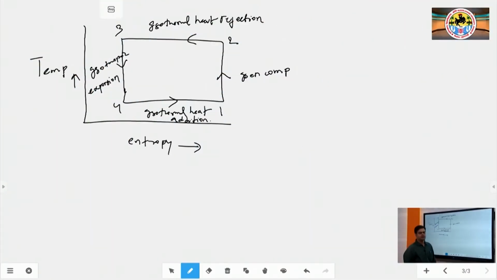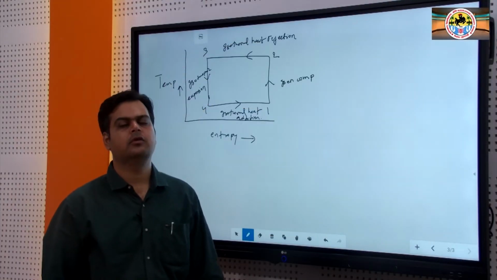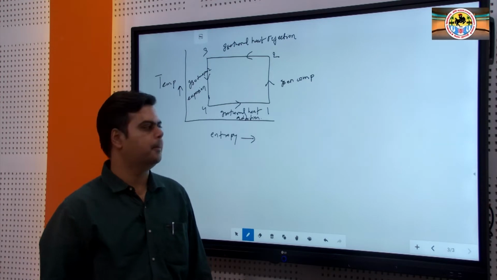So, in this Carnot cycle, how to find the COP? COP is the coefficient of performance, and it is also called the running cost of the system.